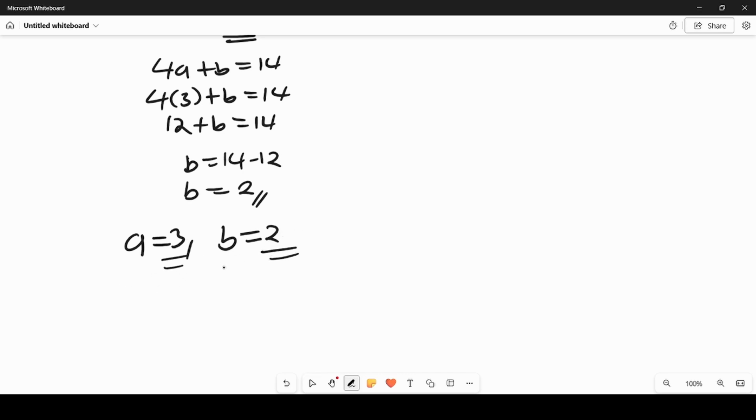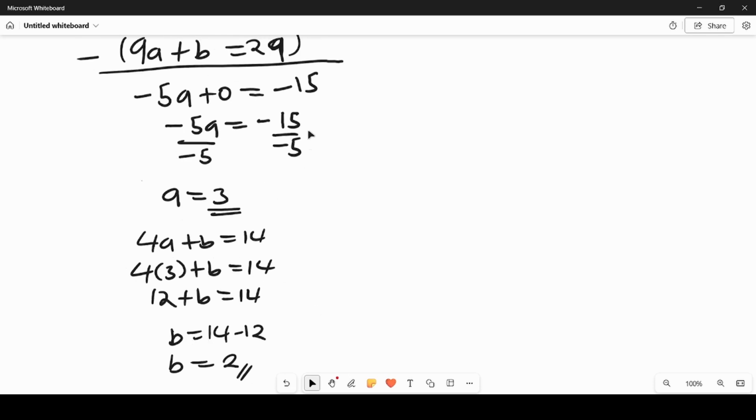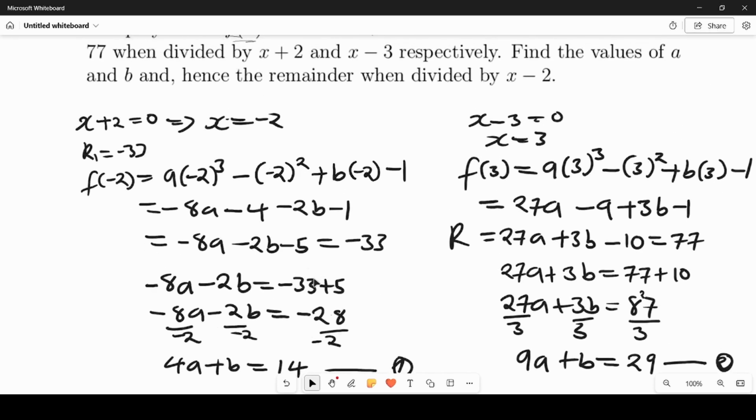So now the polynomial will look like this, where there is a, 3x cubed. Then what was the polynomial like?